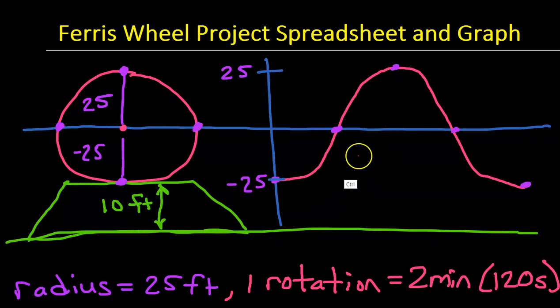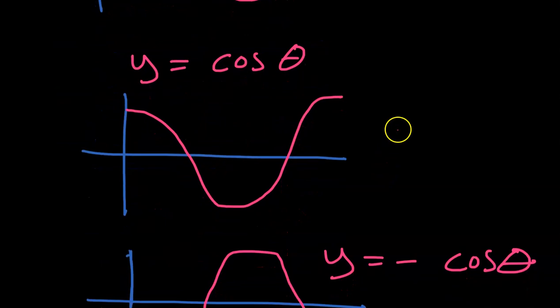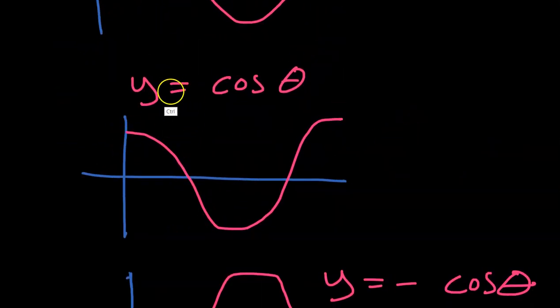This is a negative cosine function. Maybe I'll write this down. Y equals negative cosine of the angle. Why am I leaving this space right here? Well, when you're dealing with these functions, cosine theta has an amplitude of 1.